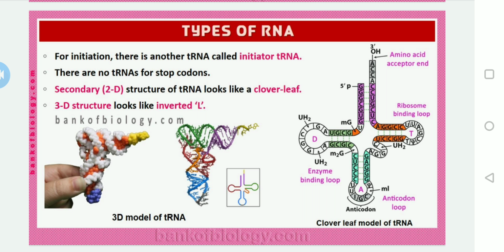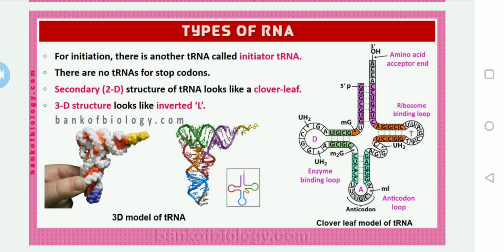Another region is the ribosomal recognition site, also called the T psi C loop, that recognizes the ribosomes during protein synthesis. For initiation, there is another tRNA called the initiator tRNA. There are no tRNAs for stop codons.